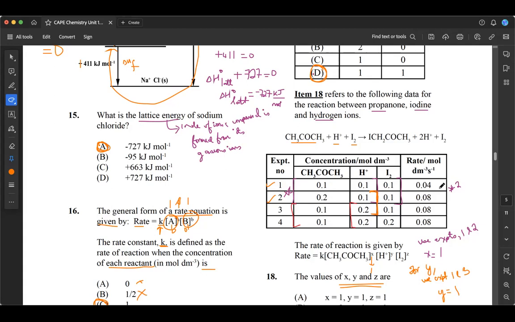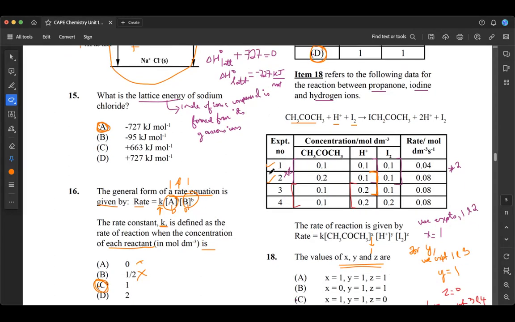Okay? So let's look at H plus now. If I want to select two experiments where I am changing my H plus but keeping I2 and propanone constant, I could use experiment 1 and 3, right?